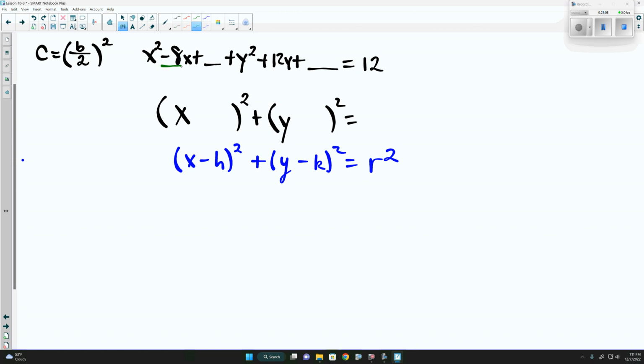So the first one, for x, we have negative 8. So negative 8 over 2 squared. Well, negative 8 divided by 2 is? So we'll add 16 here. But if we do it to one side, we have to do it to the other.